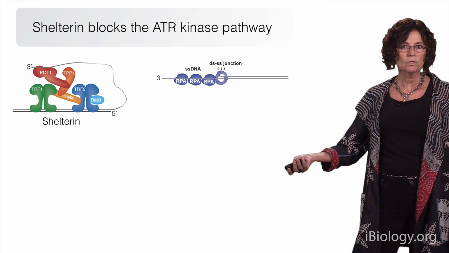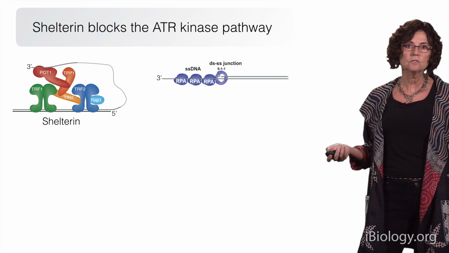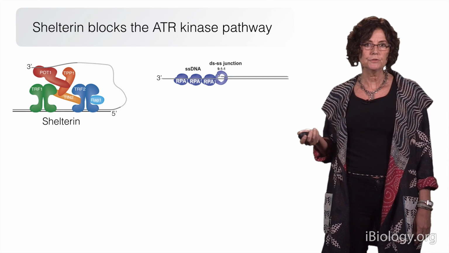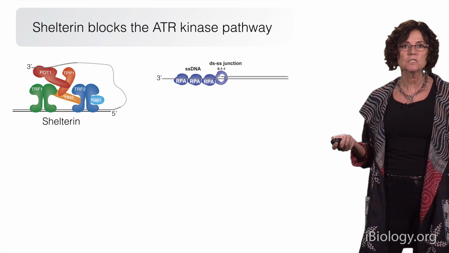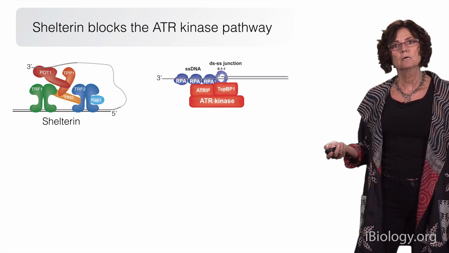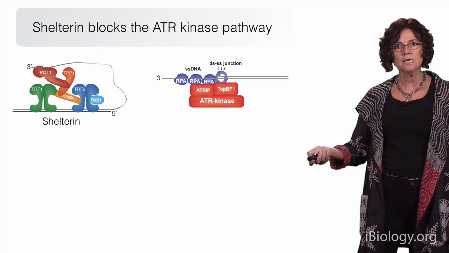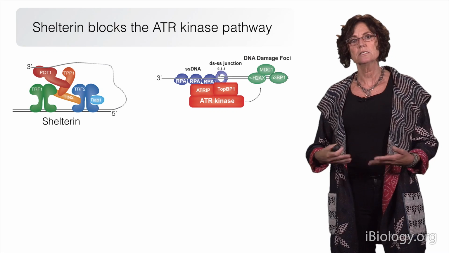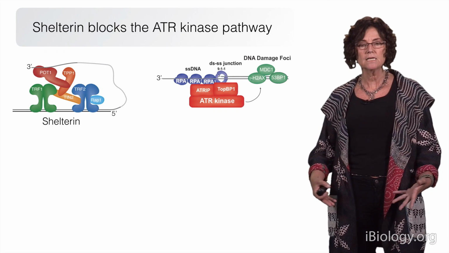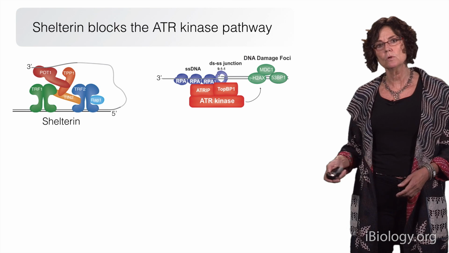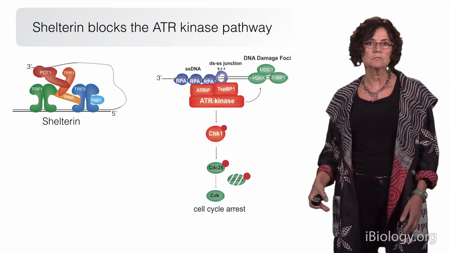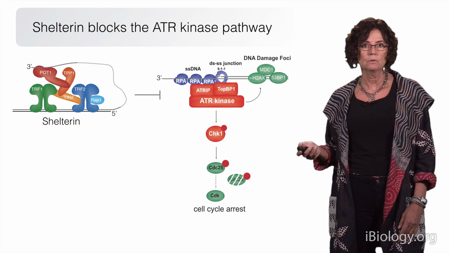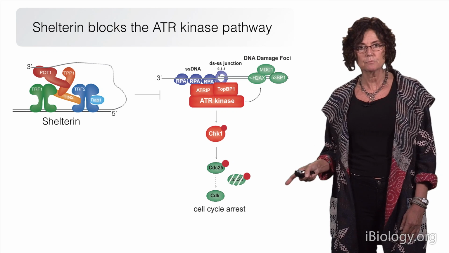Once RPA is at one of these breaks where single-stranded DNA is formed, it joins 9-1-1, a ring-shaped molecule that loads onto the double-stranded, single-stranded transition, and these proteins then recruit and activate the ATR kinase, which then does pretty much the same thing that the ATM kinase does. It leads to the formation of DNA damage foci that have 53BP1 in them, and it impinges on cell cycle progression through its own effector kinase, CHK1. So Shelterin needs to repress this pathway.